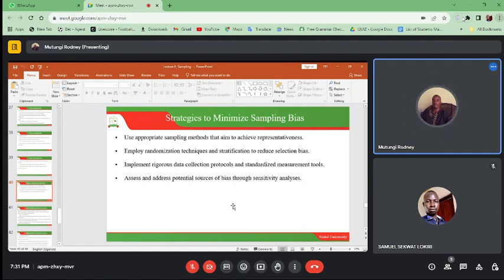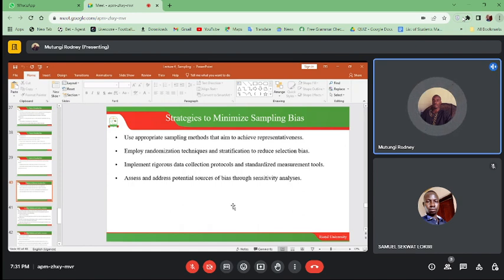Also do rigorous data collection protocols and standardized measurement tools. You shouldn't use recorders that have weak batteries, that cannot be used in those remote settings.